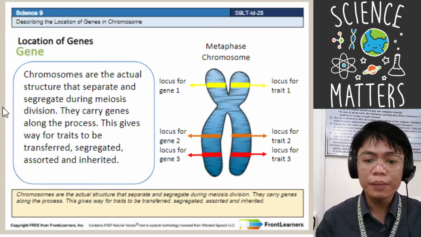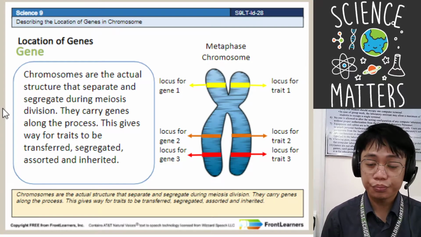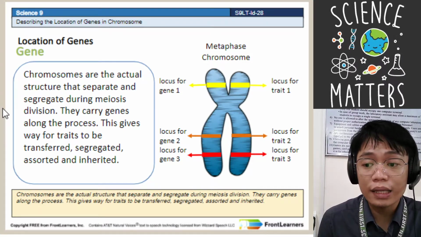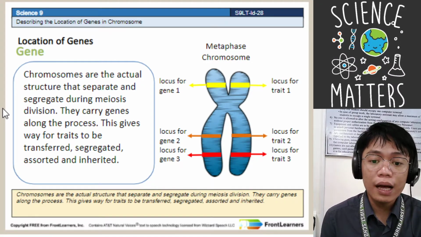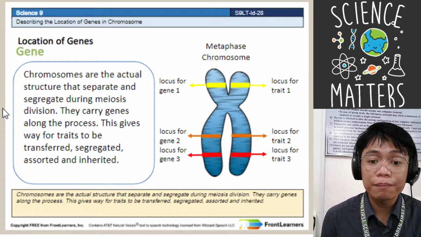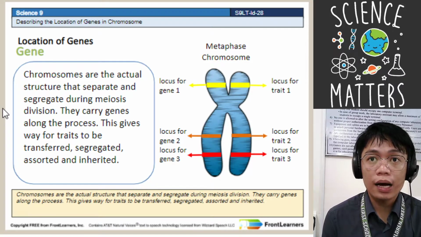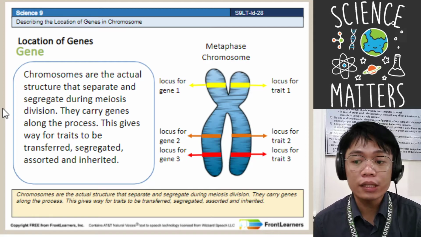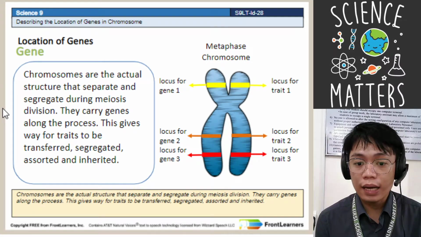Okay? During meiosis kasi, ang nangyayari is nagkakaroon ng tinatawag nating variation. So, kapag halimbawa nagkaroon ng variation, nagkakaroon ng pagpapalitan or pagmi-mix ng mga genes sa ibang klase ng genes.